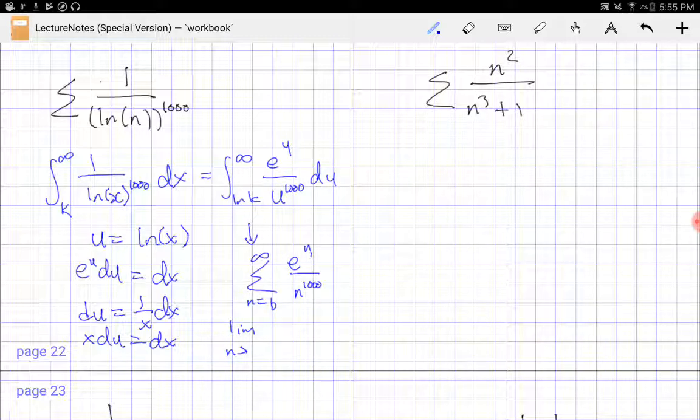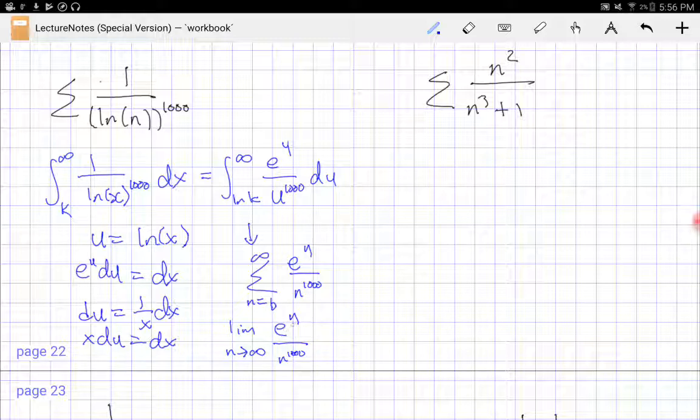Limit as n goes to infinity of e to the n over n to the 1000. Now this may not be completely obvious, but if we use L'Hopital's rule 1000 times, eventually we'll get a constant in the bottom, and our numerator will still be e to the n.